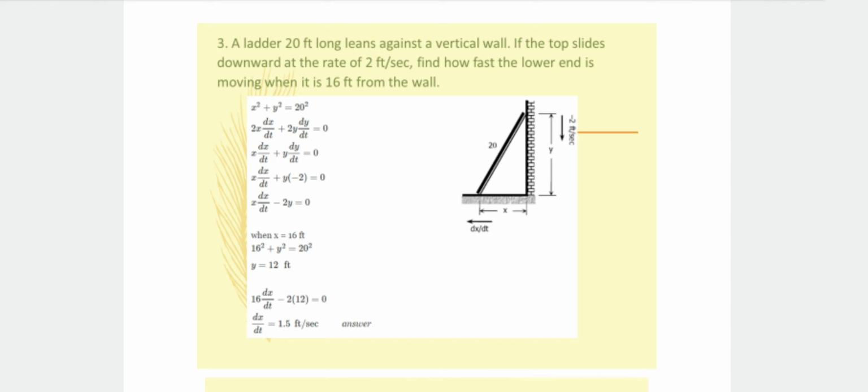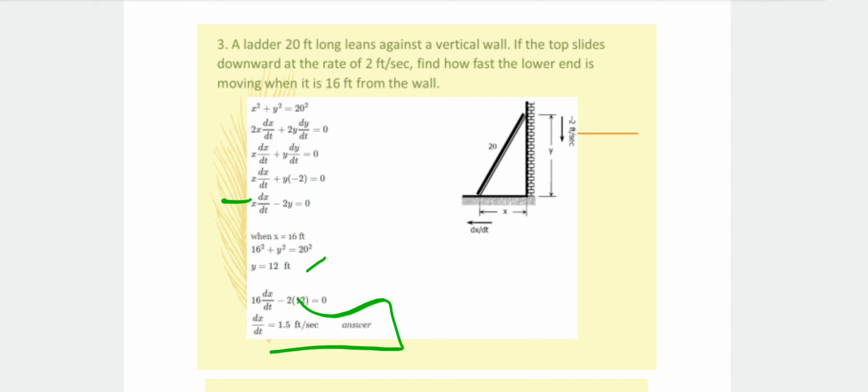The y equal to 12 comes from this equation. So 16, then dx over dt, negative 2, and your y of 12. That is the final answer. Okay, next.